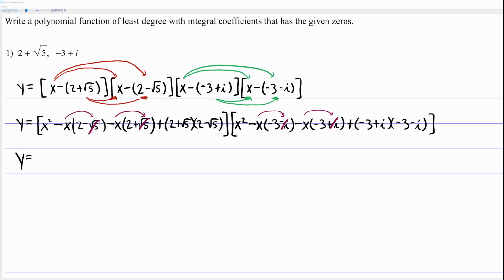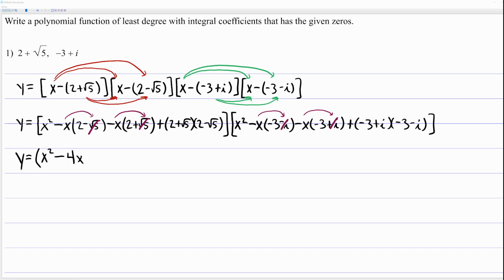So let's write down at least a little bit of what we have so far. We have x squared. We have minus 2x minus another 2x. That's minus 4x. The root 5 terms canceled. We had positive x root 5 and minus x root 5. And now we have to deal with these conjugates. Well, the whole idea of multiplying conjugates is when they multiply together, nice stuff happens. So we have 2 times 2 is 4.